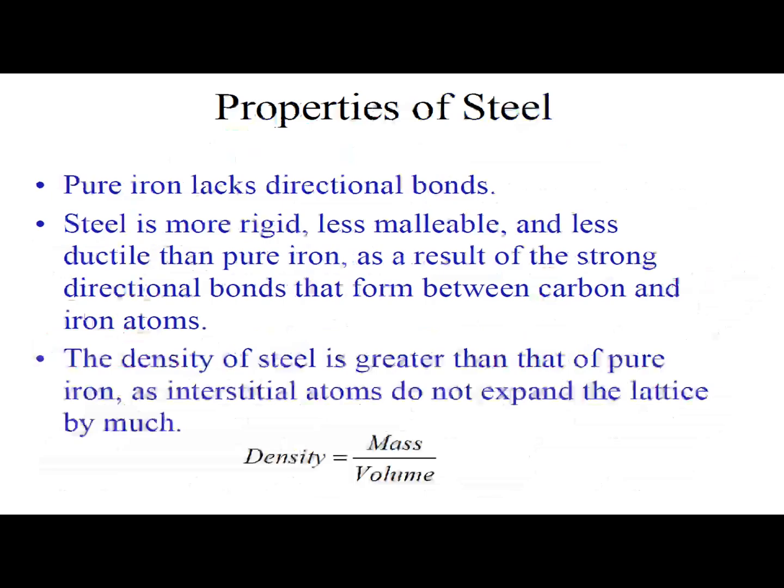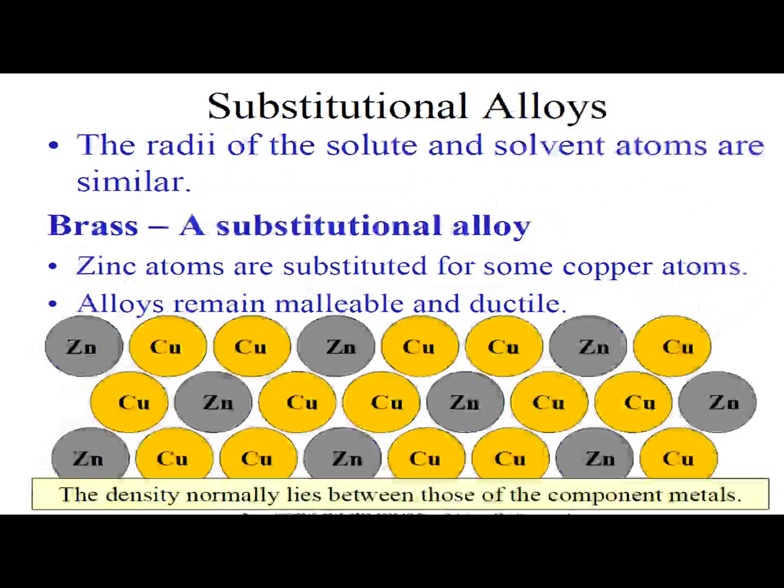That's going to be different, and you can see it right away in the diagram, from what are called substitutional alloys. In substitutional alloys, the radii of the solute and the solvent atoms are actually similar. So brass is a good example of a substitutional alloy. In a substitutional alloy, zinc is going to be substituted for some of the copper atoms.